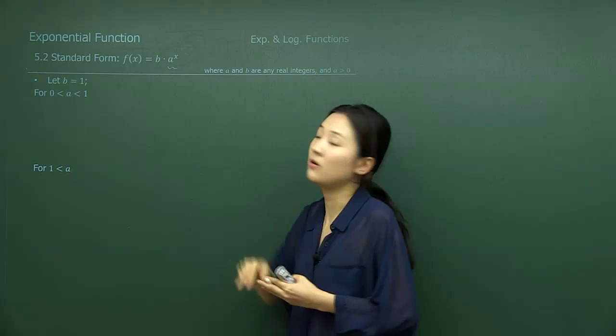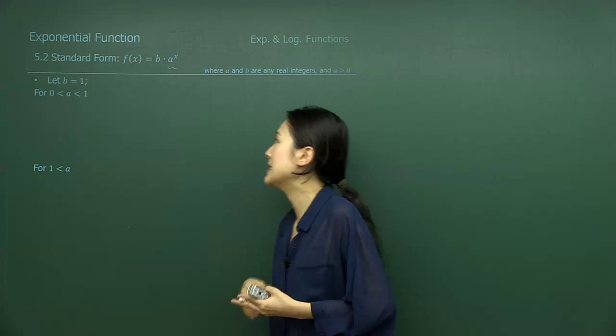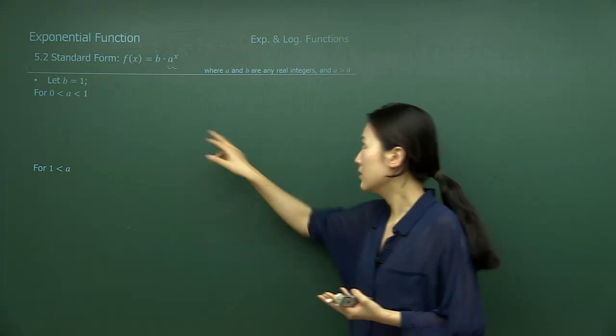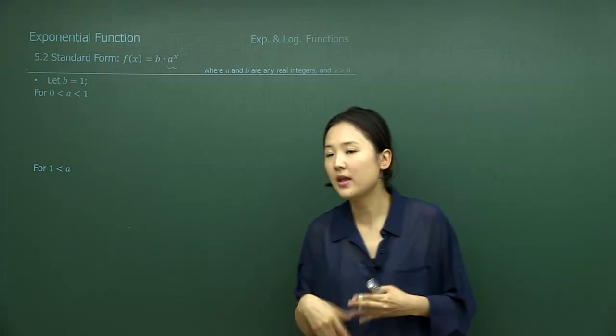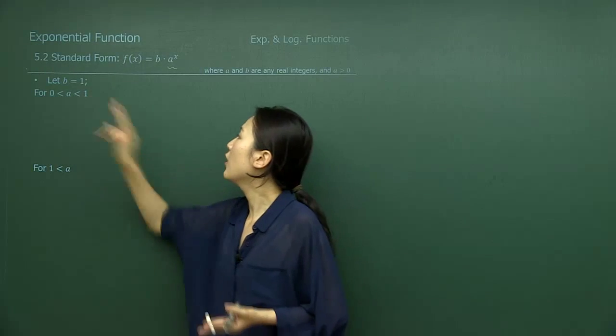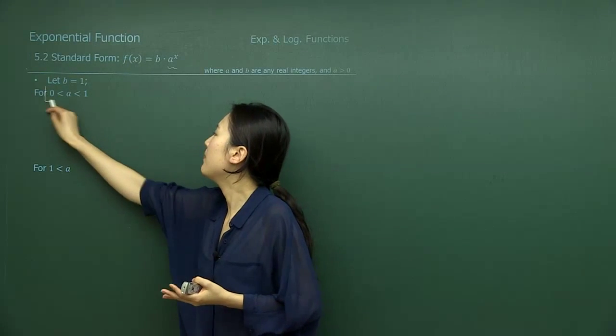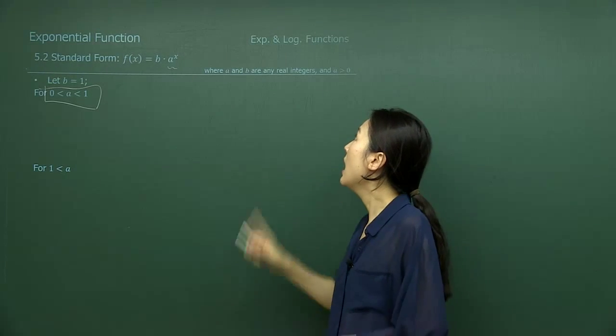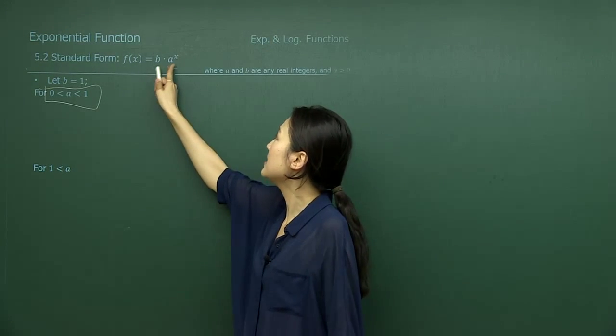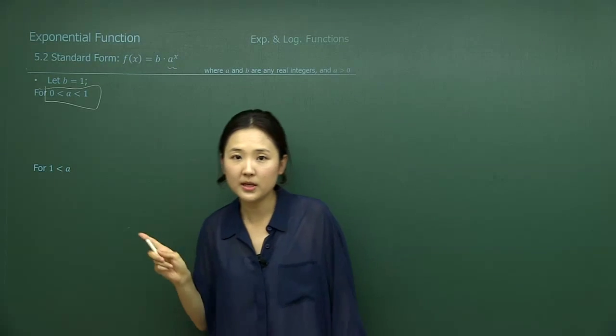It's a to the power of x, and b represents any coefficient. So let's just consider having 1 as your b. So if your base a is in between 0 and 1. Oh, by the way, guys, your base a can never be negative.